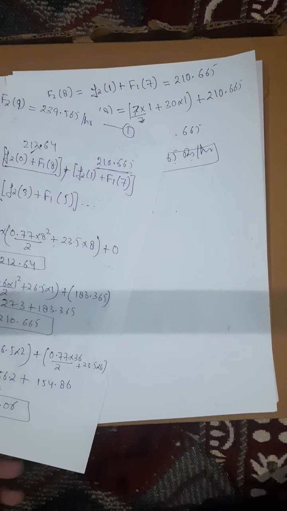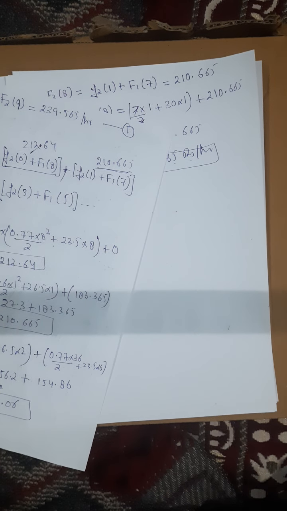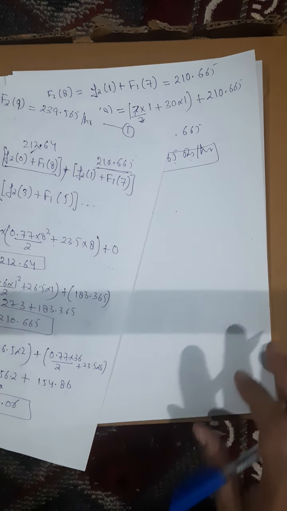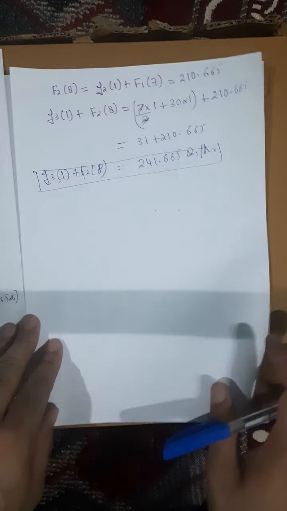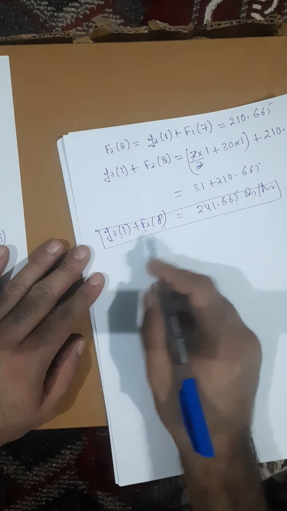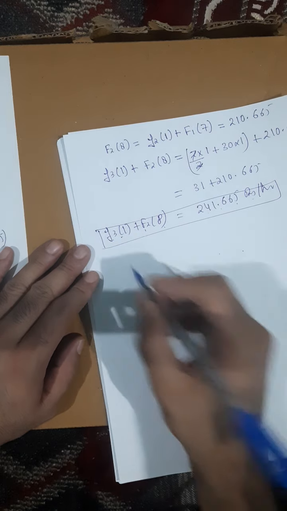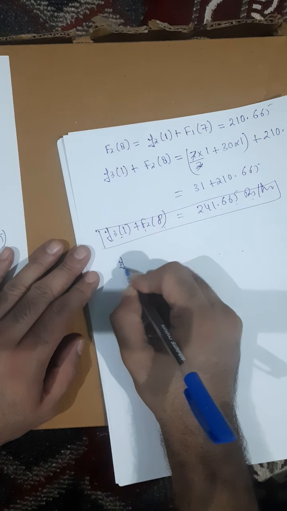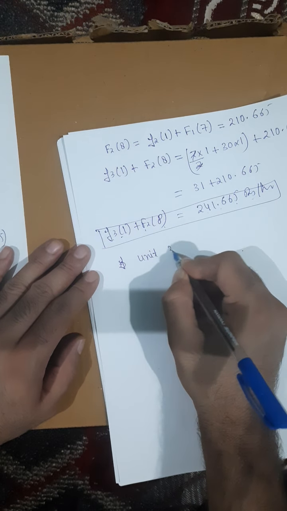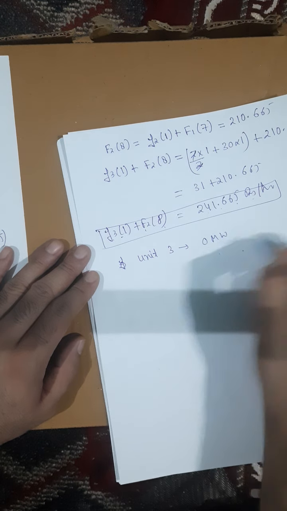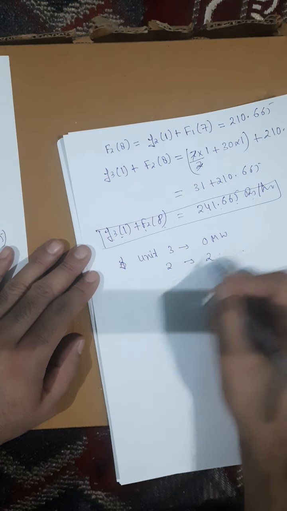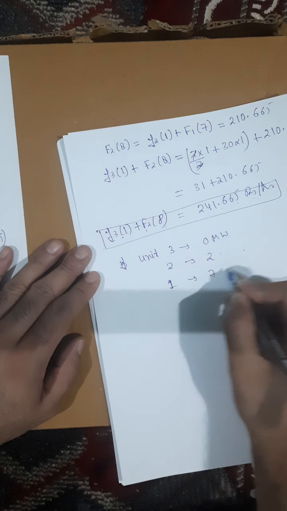That means that even if we are using these 3 units, the third unit is supplying 0 megawatt, unit 2 is supplying 2 megawatt and unit 1 is supplying 7 megawatt.